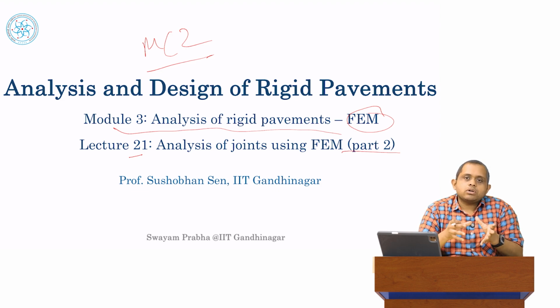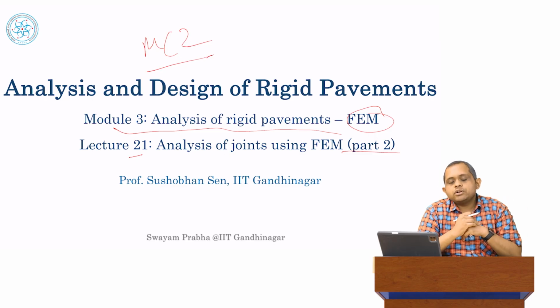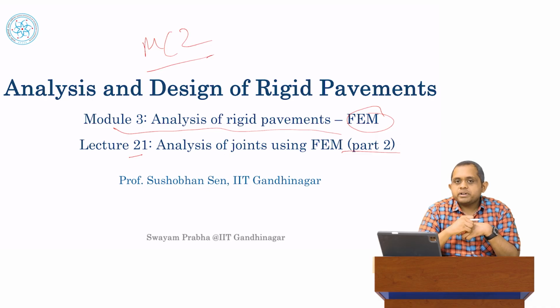If we have a dowel, what is the appropriate physics to use to analyze or predict the behavior of the dowel? If we can understand the appropriate physics, then it's not very difficult to derive a stiffness matrix and then fold it into the global stiffness matrix and solve it as one integrated system. But as we saw last time, coming up with an appropriate physics for the dowel is not that straightforward.